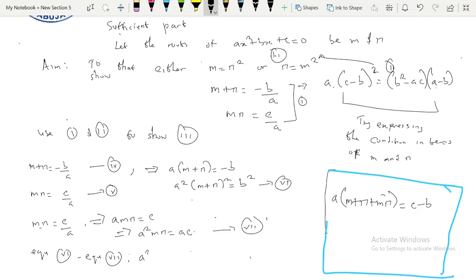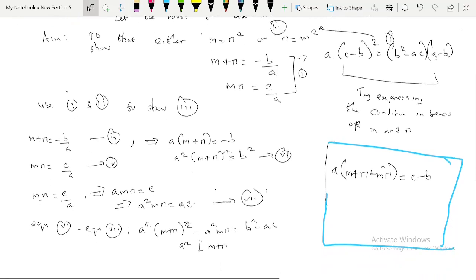So I have a square into m plus n squared equals b squared. When I subtract, minus a square mn equals b square minus ac, right? And a square, when I subtract, can come out. I have m plus n squared minus mn equals b square minus ac, right?